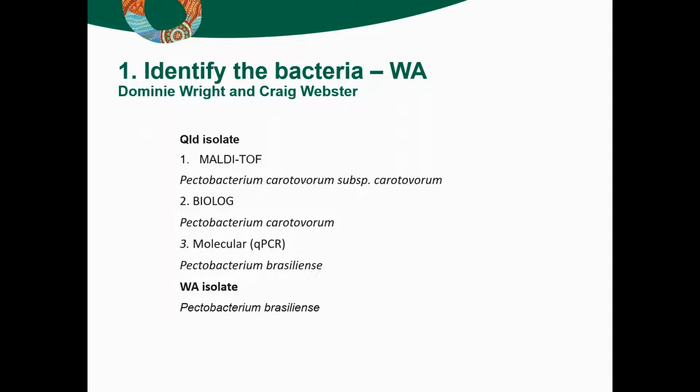That's more to do with us needing to train those databases better. Basically, the takeaway from this slide is that identifying bacteria can be very difficult sometimes, and definitely more work from a molecular standpoint would be great. These were all recently reclassified as well, so figuring out where they stand in the greater soft rot complex would definitely be worthwhile.